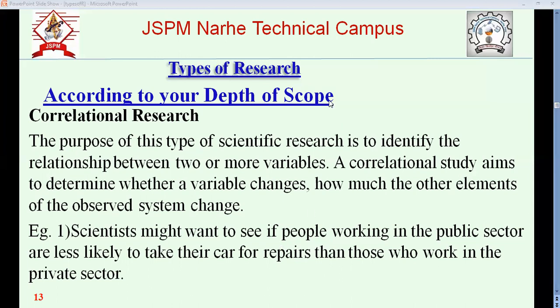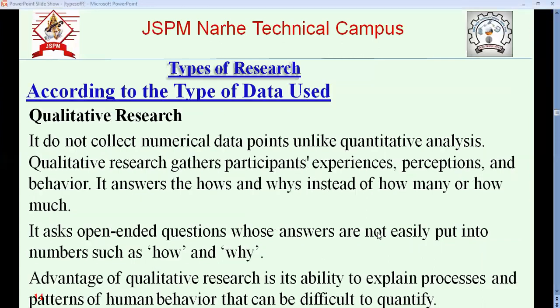Now, our purpose here is to see whether the data is quantitative or qualitative. So we'll classify research based on the numbers, whether we are dealing with numbers or not.